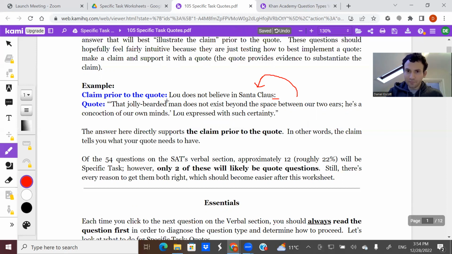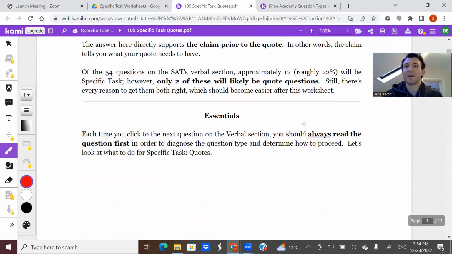But anyway, what we should read is something that tells us exactly about Lou not believing in Santa Claus. So, that jolly bearded man does not exist beyond the space between our two ears. He's a concoction of our minds, Lou expressed with such certainty. So, very clear quote showing that Lou is not a believer.